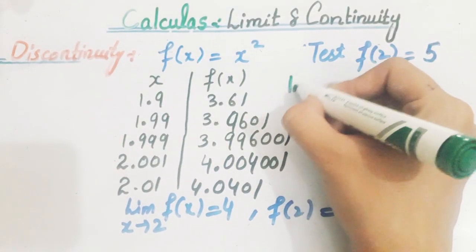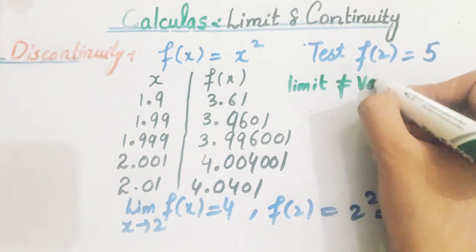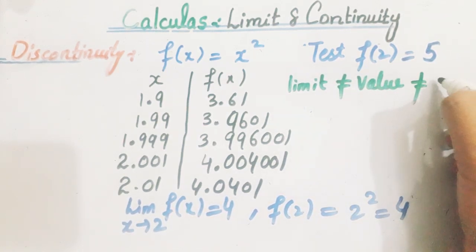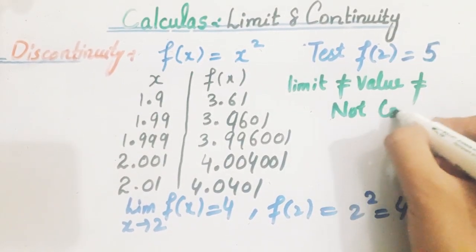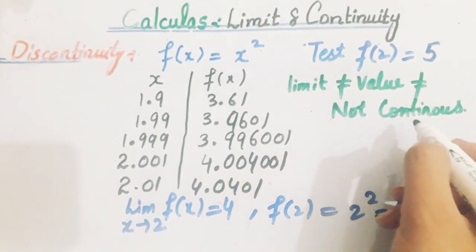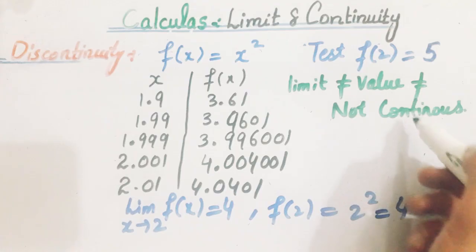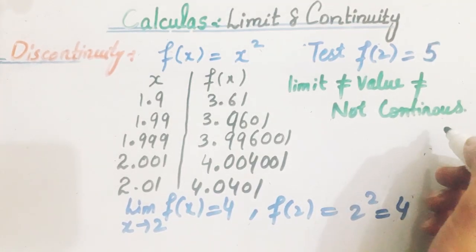So we get limit not equal to the value, and so we will say this function is not continuous. Because the limit and the value are not the same, the function is not continuous at x equal to 2. So this is called discontinuity of a function.